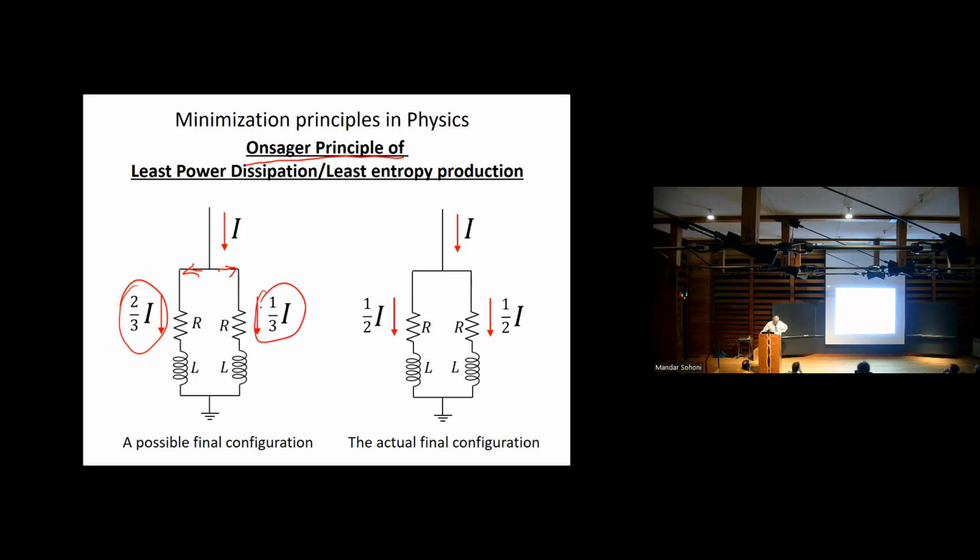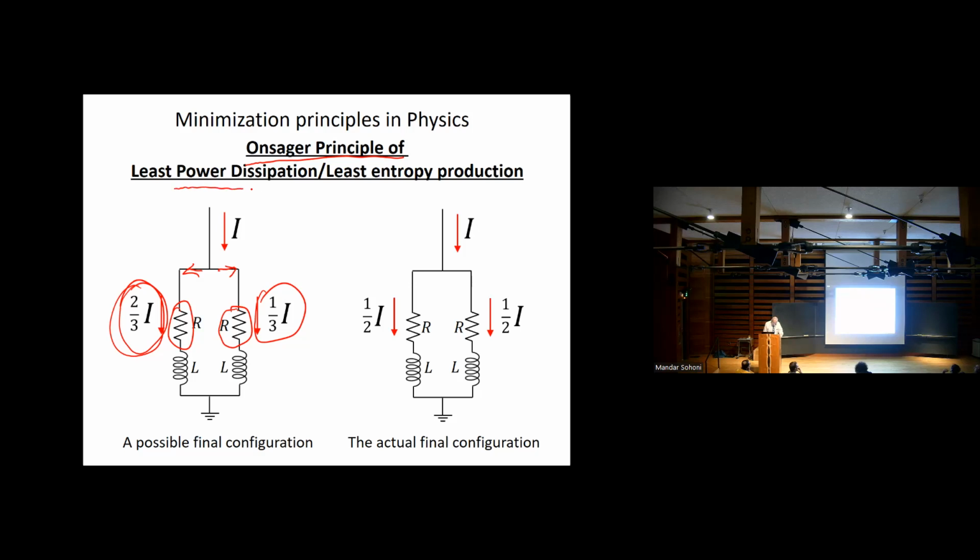That doesn't happen. And what Onsager said was, if 2/3 of the current goes in one branch, you're going to dissipate extra heat in this resistor, and it won't compensate for the reduction in heat in this resistor, and so you'll end up wanting to reduce the power dissipation.